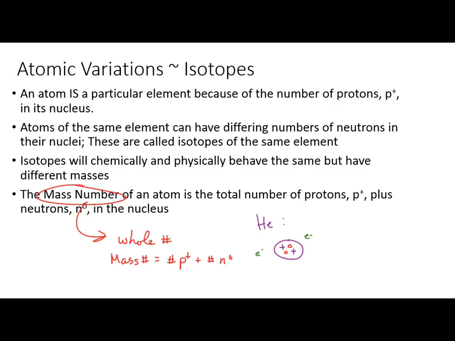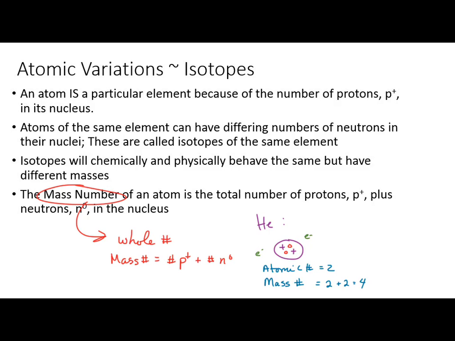For this atom, its atomic number is 2. Its mass number is protons 2 plus neutrons 2, for a grand total of 4. So mass number is a whole number. It's a counted number of particles.